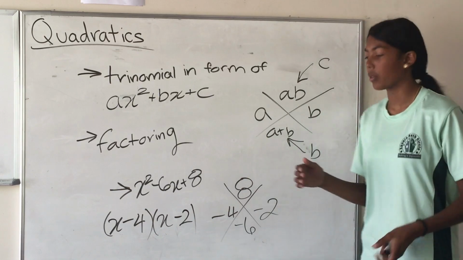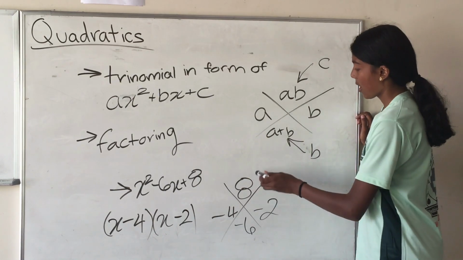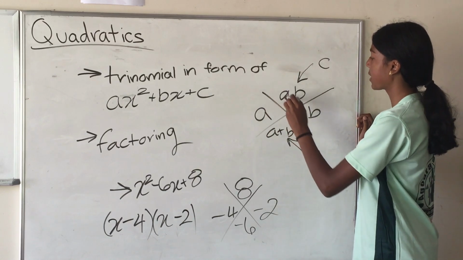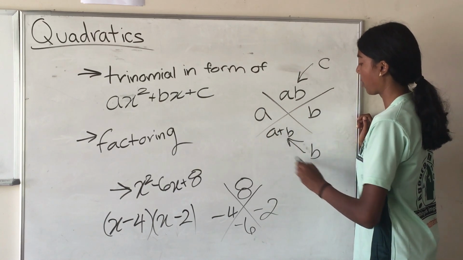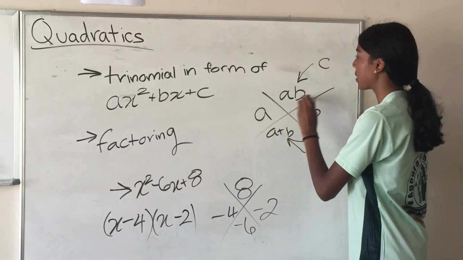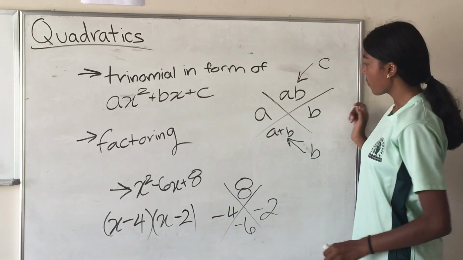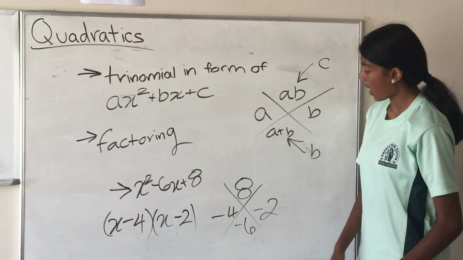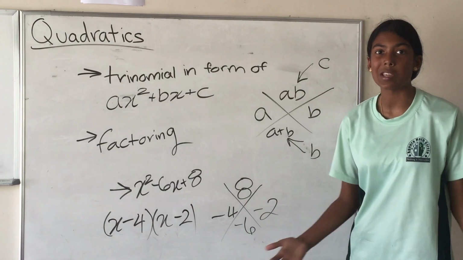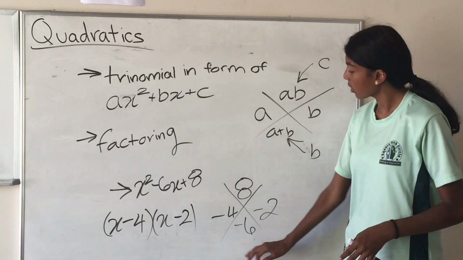So what we're going to do is start off with this diamond problem. This is the form with ab on the top and a plus b on the bottom. A plus b is technically going to be b, and ab is c. So we have to find two numbers that have a product of ab and a sum of a plus b. So let's try doing it with our example.